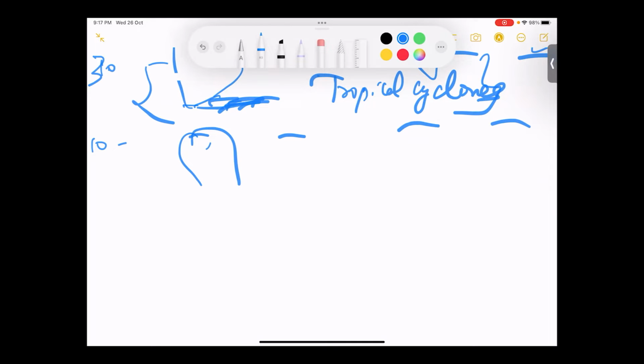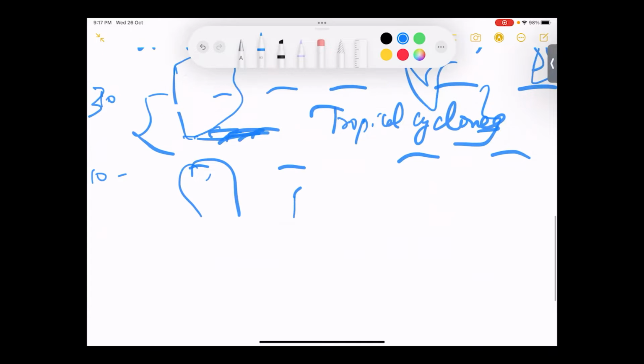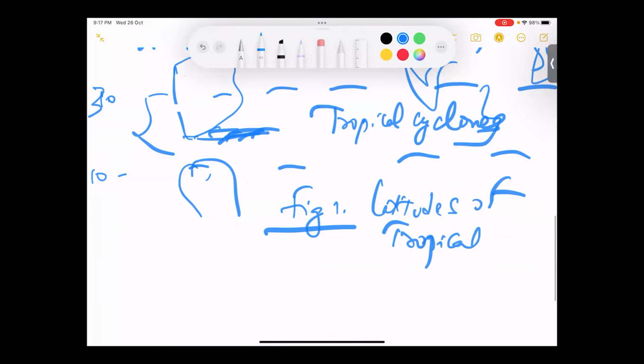Because the content, I know 90% of you will write the same, including myself, the only way of value addition is through diagrams. Name this diagram Figure 1, latitudes of tropical cyclones.